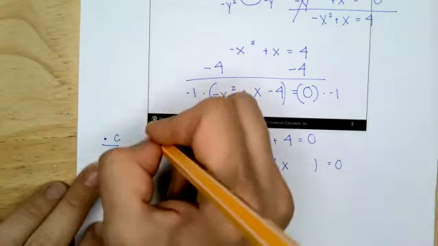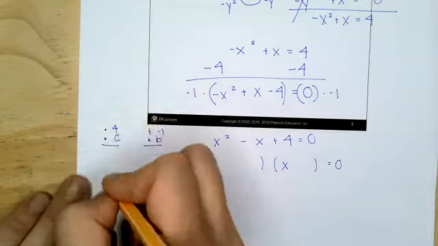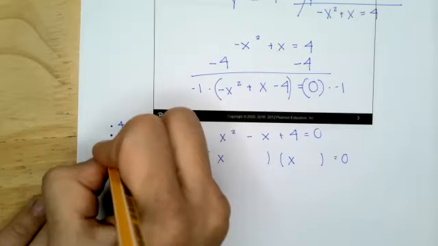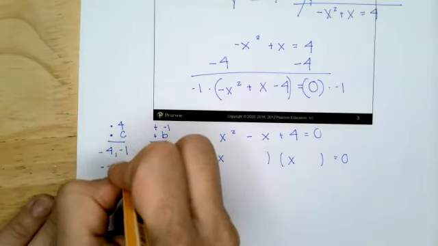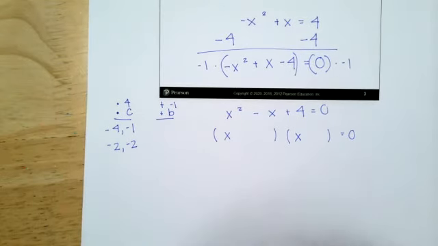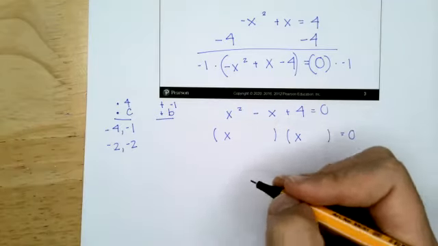My b is -1, so the factors need to add to equal -1 and multiply to equal 4. The negative factors of 4 would be -4 and -1, and -2 and -2, right? Neither of those add to -1. So it's not easily factorable, but we can do the quadratic formula, right?